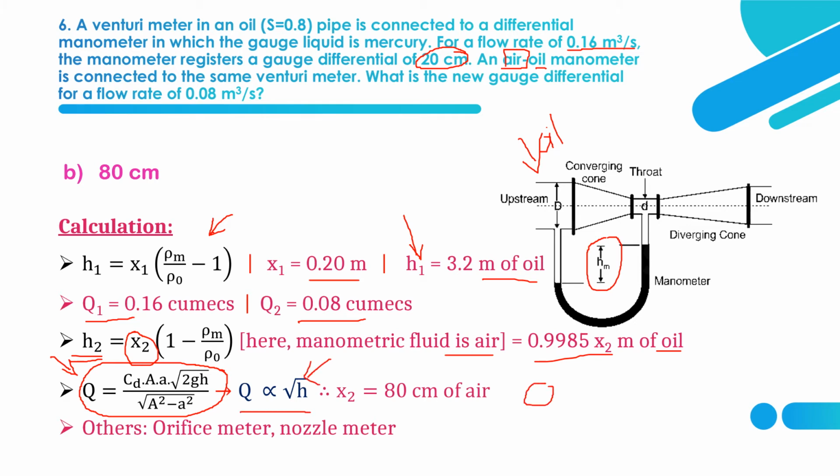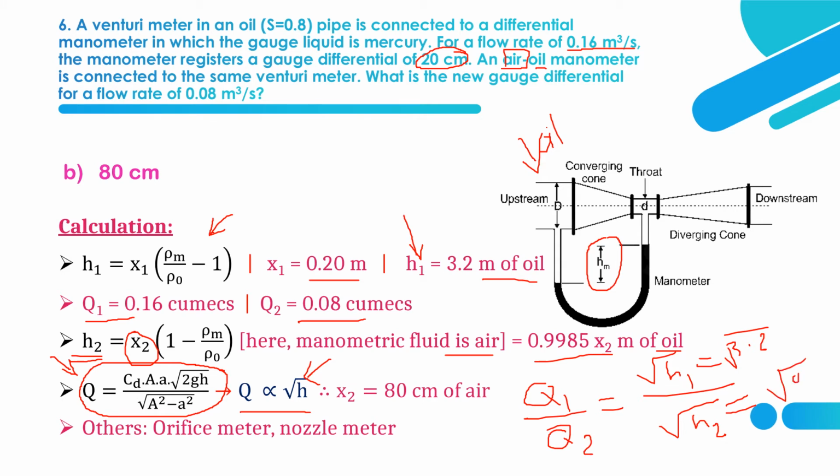Then what is the relation? Q1 by Q2 is equal to root of h1 divided by root of h2. We know h1, that is nothing but 3.2. H1 is 3.2 and h2 is 0.99 x2. Q1 is 0.16 and Q2 is 0.08.